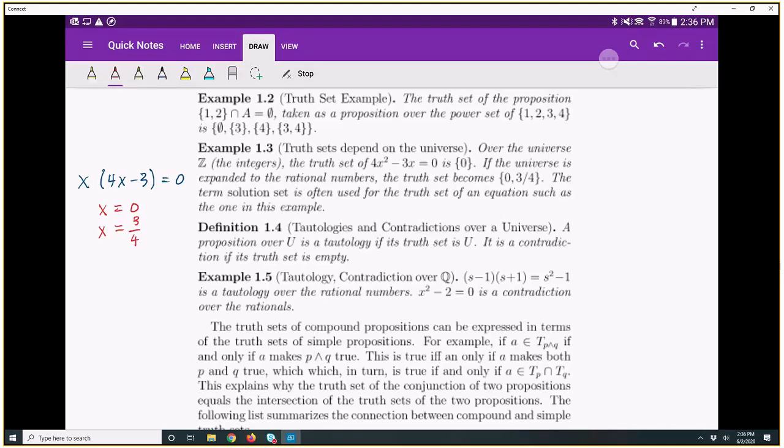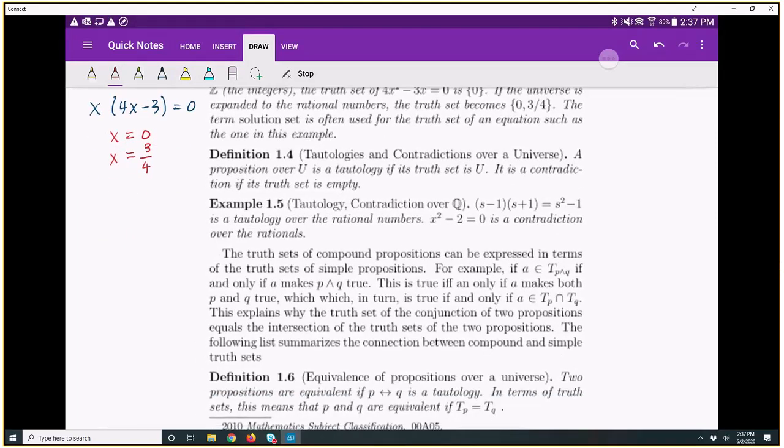So if we expand the universe to include the rational numbers, then the truth set becomes {0, 3/4}. When we're talking about algebraic equations this way, we'll often use the term solution set instead of truth set. But under the lens of logic, we can call this the truth set of the proposition 4x squared minus 3x equals 0.